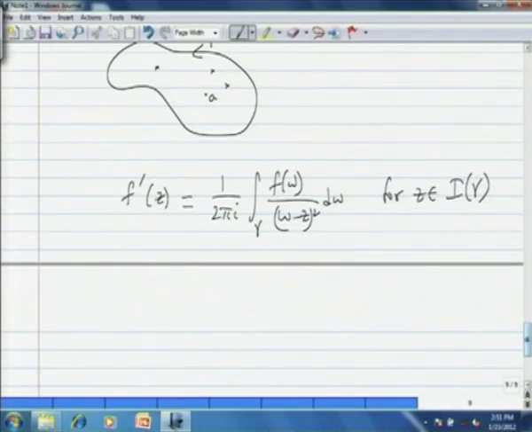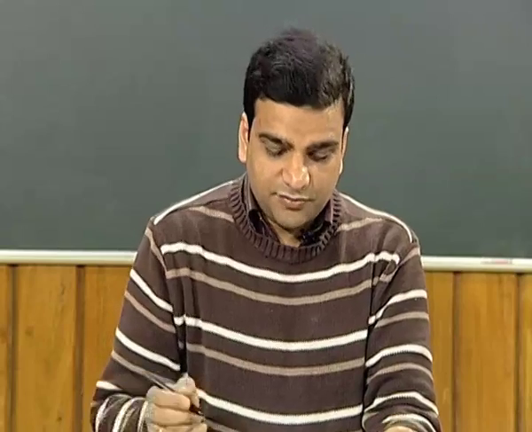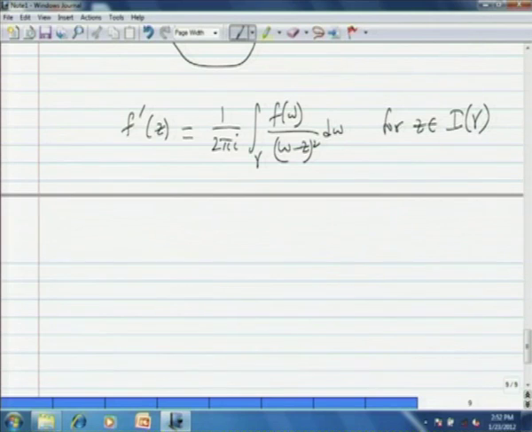So, that is your Cauchy's formula for the first derivative, and using this, one can extend this formula for the second derivative as well. So, we will extend this, and not only that, we will show the following theorem.